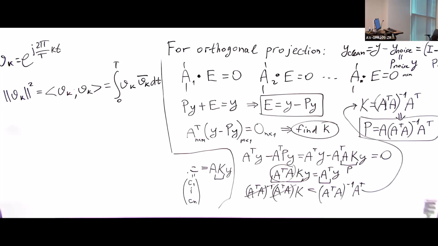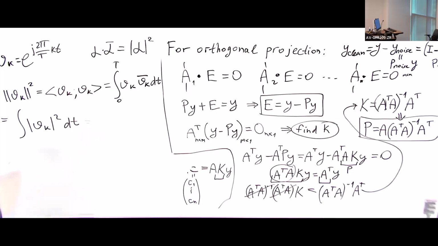So this will be equal to the integral of the absolute value squared, because if you remember from complex numbers, if you multiply a number by its own conjugate, you get the absolute value squared. Any number times its conjugate equals alpha squared, for any complex number.